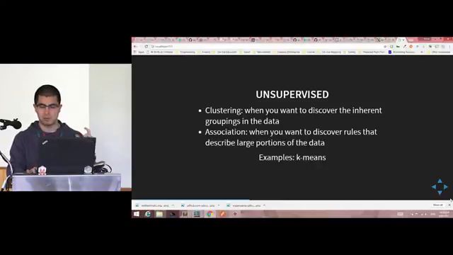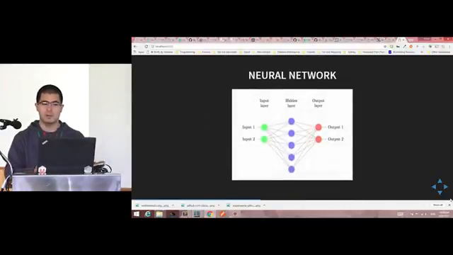So really, at the high level, it's supervised versus unsupervised. So that's a classic description of a neural network, which is one of the main algorithms in machine learning. So you have a set of inputs.